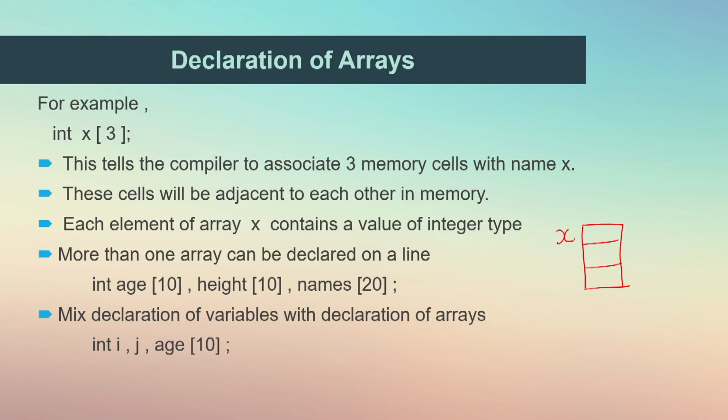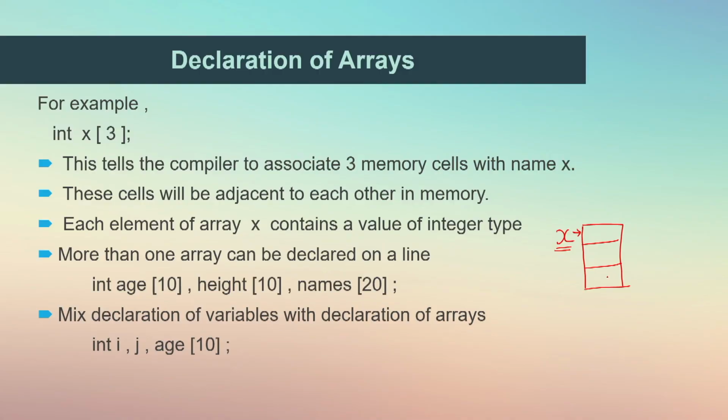Immediately, the base address or the starting address of the array will be associated with the name x. So, whenever we are trying to access that array, we can do it only using the array name. Supposing the index will be 0, 1, 2. Supposing I am trying to access the element 3 of the array x, how can I do it?